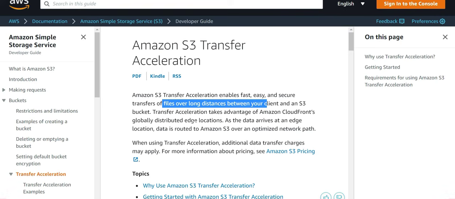So how does it accelerate? It uses CloudFront, that is a distributed edge location. So there are different edge locations. How the transfer speed is accelerated is, instead of using the World Wide Web, it gets into a private network of AWS using edge locations, and that way it provides faster access.